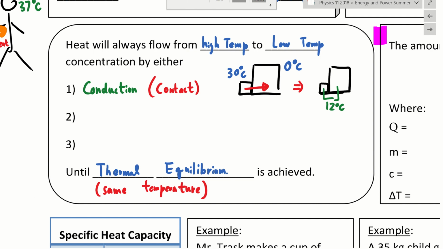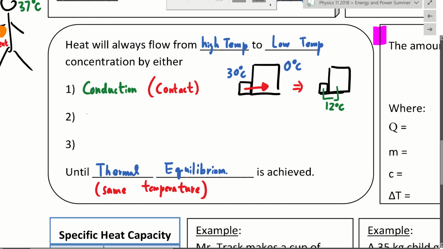Now the first way is conduction, transferring energy from one to another. The second one is, what is it? Convection. So this one is called convection. That's the reason why your water moves around when you boil it. Conduction, convection. So convection depends on the movement of the particles in the fluid.